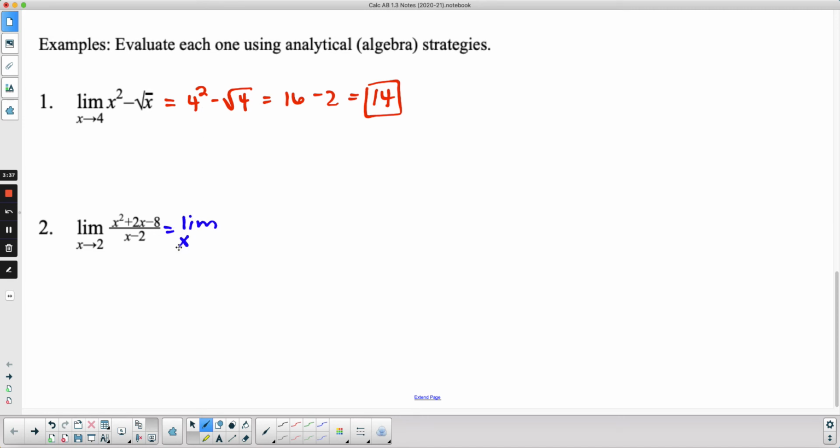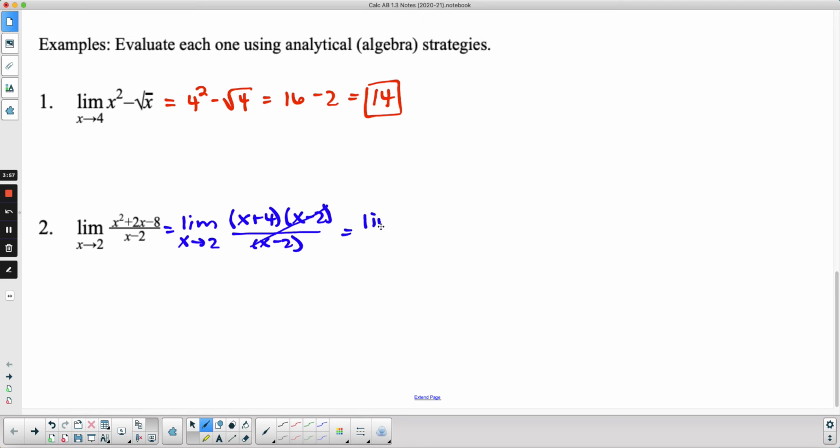So we're always going to start by rewriting the limit notation. Now we're going to do the factoring. So x squared plus 2x minus 8 is going to be x plus 4 times x minus 2, all over x minus 2. We can see that that cancels out.